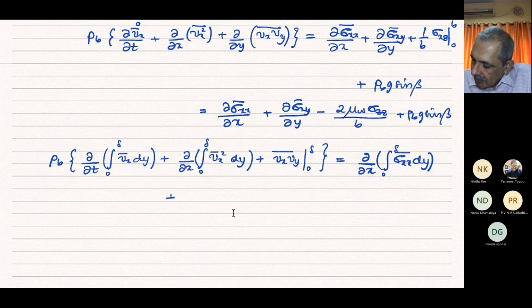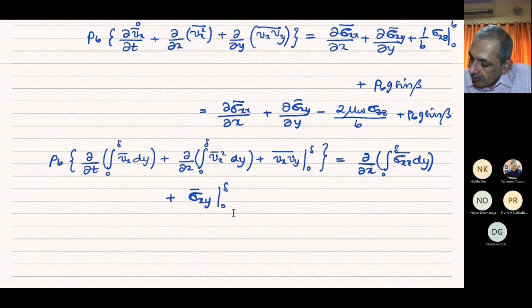Plus, here this one just goes, you just integrate it, so this is just sigma xy bar evaluated between 0 and delta, because you can do the integral since we are integrating with respect to y.